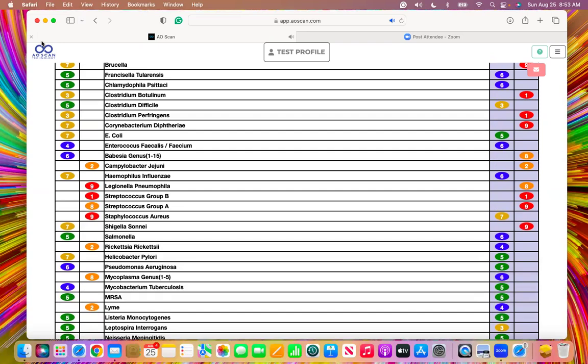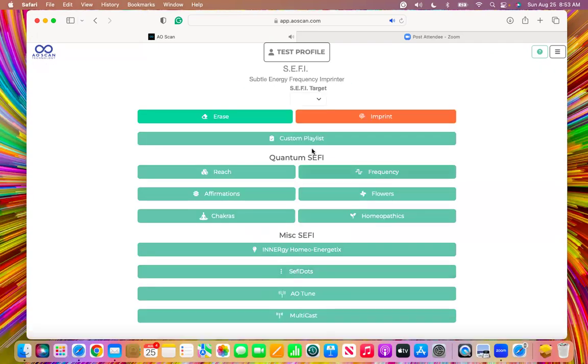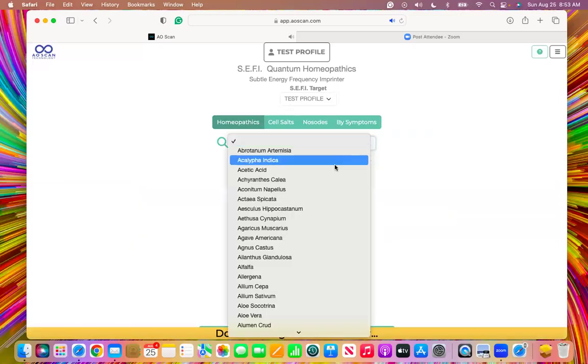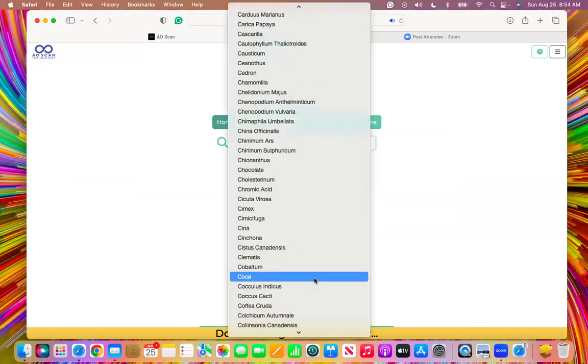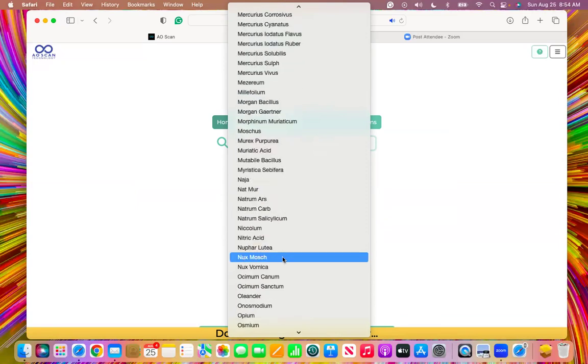If you're thinking about homeopathic remedies and maybe you don't want to use the pre-populated playlist, you can go to Homeopathics. And then some of the ones that I will use, we have Kali Sulf. So you can look for Kali Sulf and put this in a playlist. Oh, that's in the cell salts. We'll have to go someplace else.